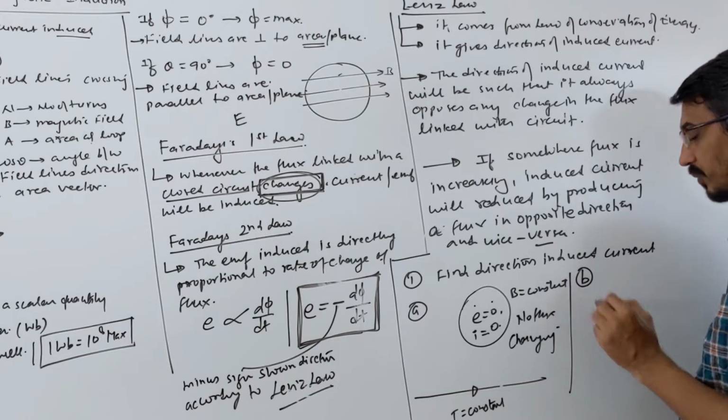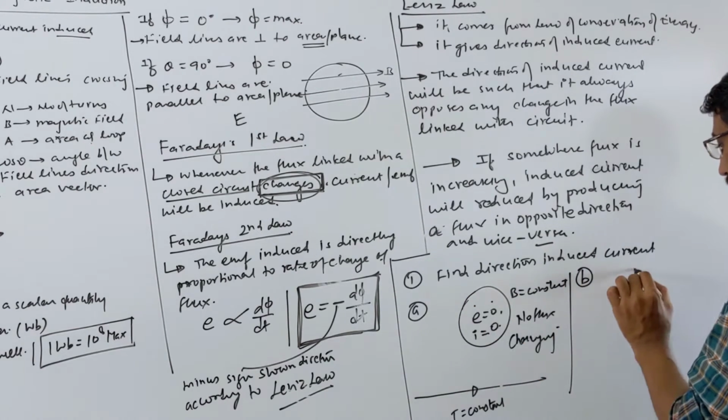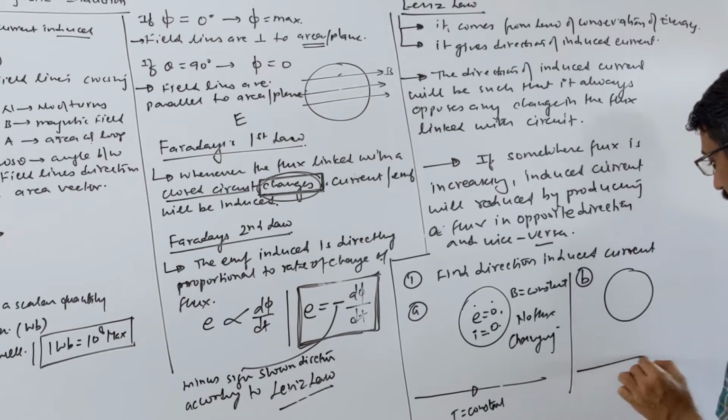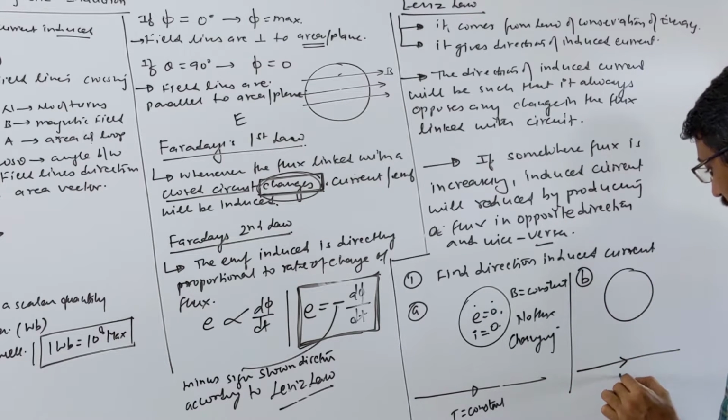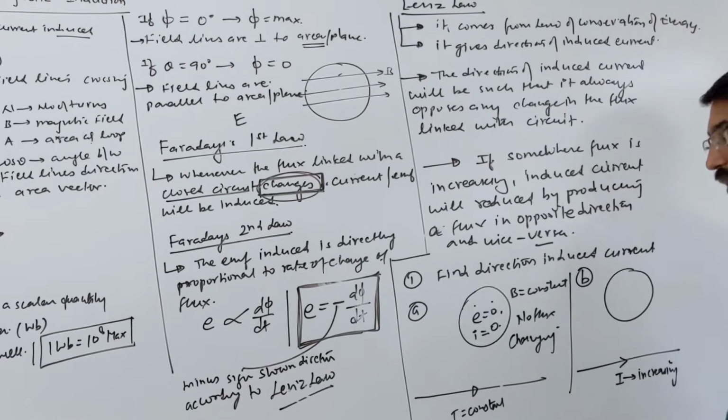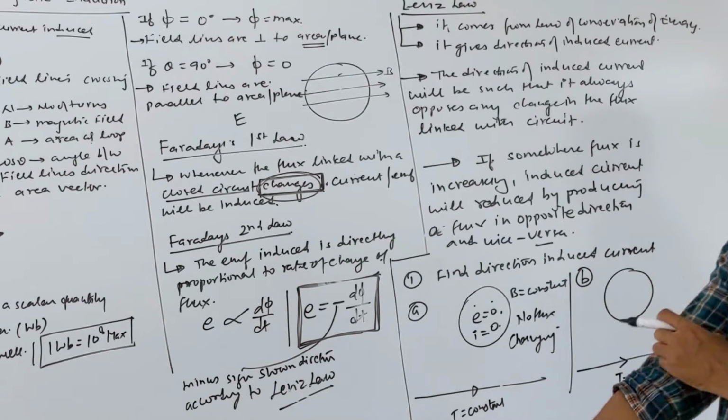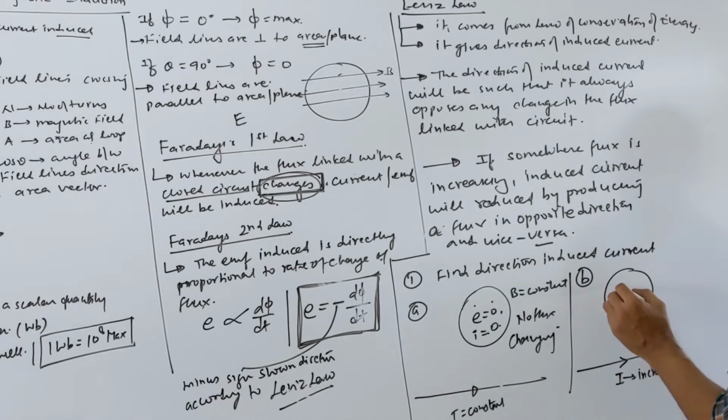Okay, let's see another. Suppose I draw the same picture, a loop, and some current is flowing here, and this current is increasing constantly. Current is flowing in this direction and is increasing. Now look here, this current will again produce a field here. That field will be outward, right?